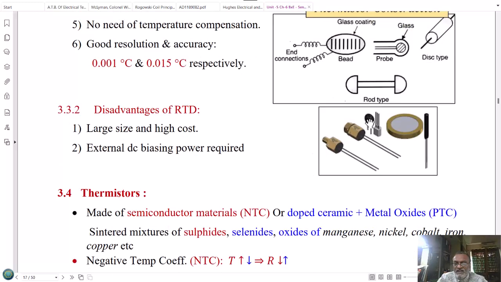Physically, the thermistors look like shown in the figure. This is the disc type of semiconductor. This is a rod type of semiconductor thermistor.